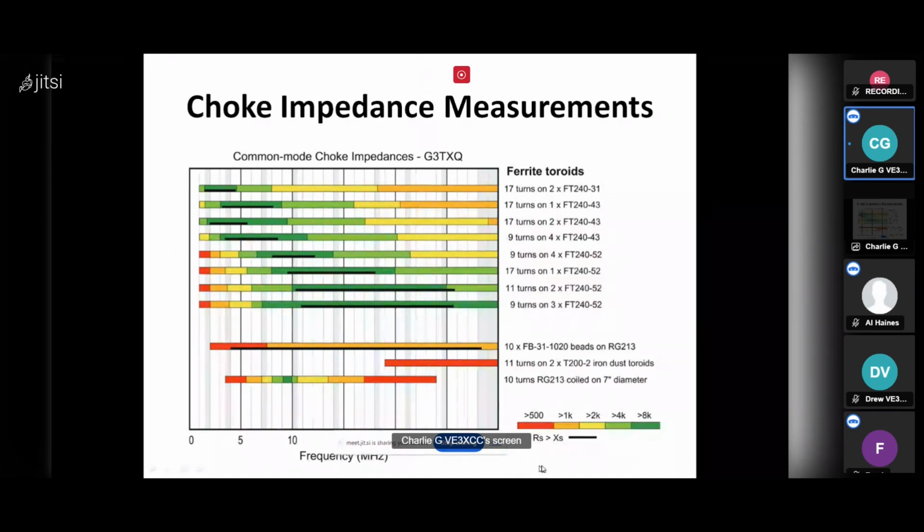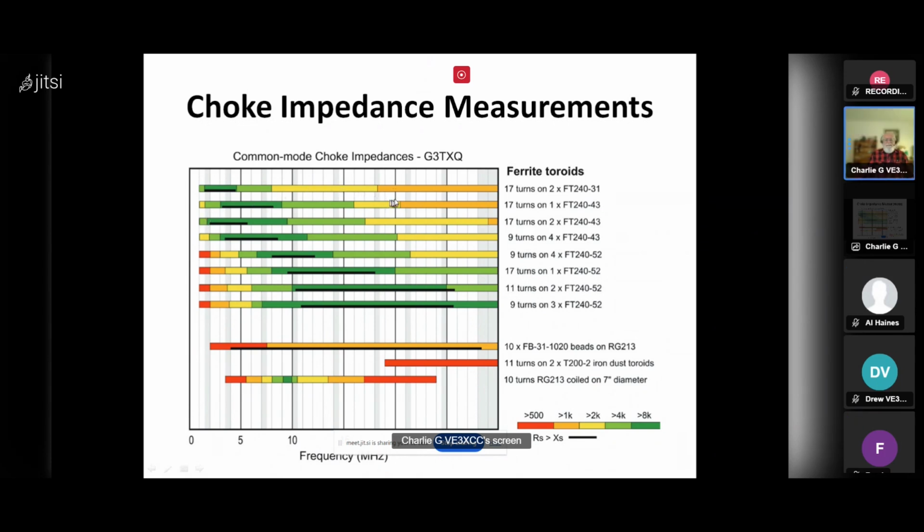So, the key down in the corner here is if it's red, it's more than 500 ohms, and beyond that, it's even better. So you can see that 17 turns on the 240-31 is going to be great for our very low frequency stuff, and still extremely good all the way out to the top end of the HF band.